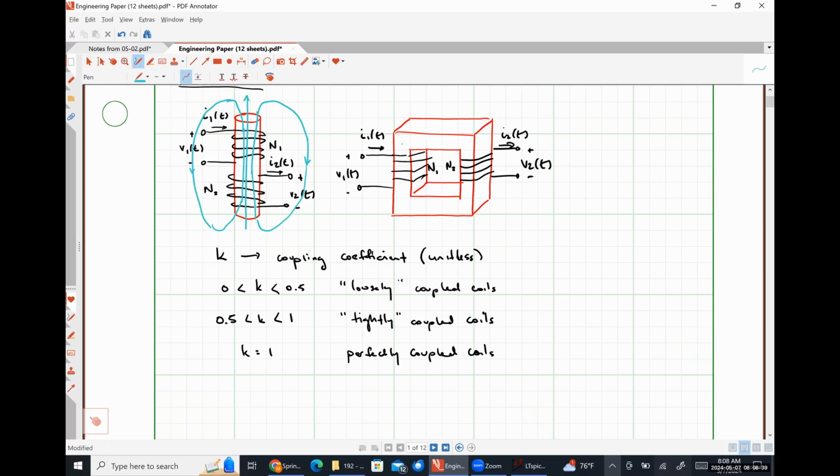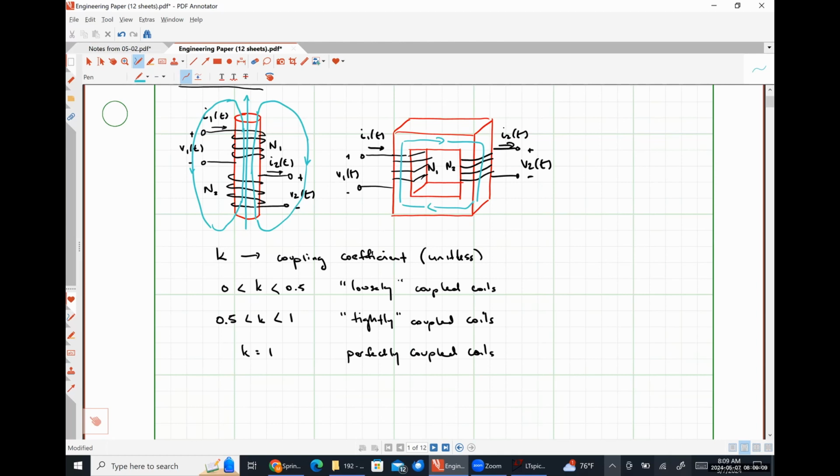If we look at our transformer over here on the right with this rectangular core, we're going to have something like this as our flux path, where we are assuming that our core is made of a material with a very, very high permeability. So permeability is a material constant, and it's related to how easily a material can be magnetized.